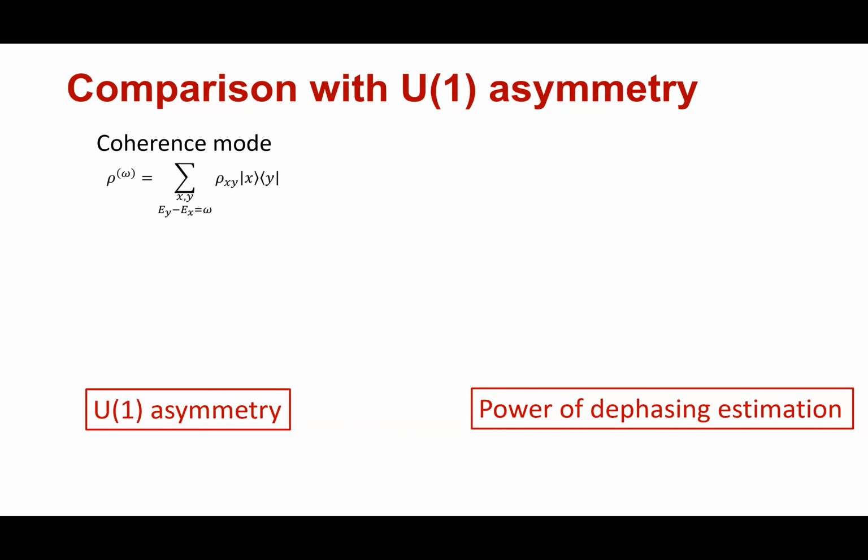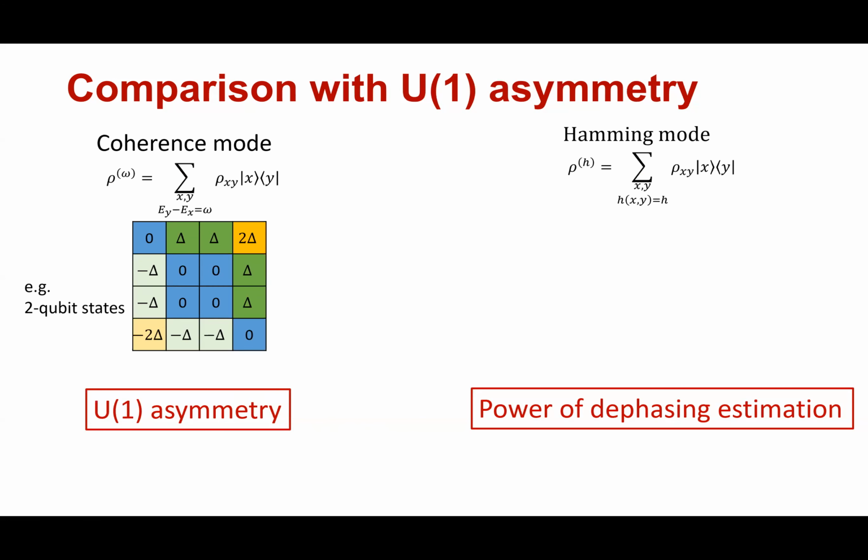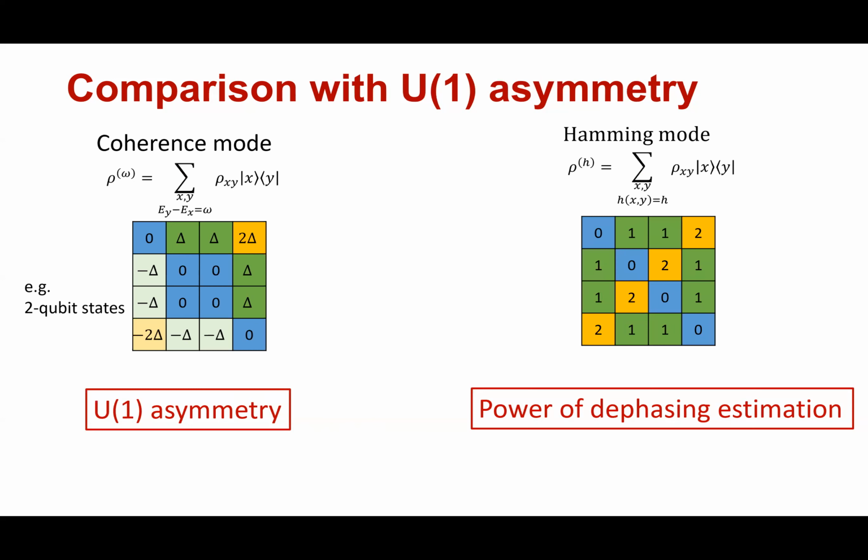So all these off-diagonal elements are in the same coherence mode. And in our resource theory, we care about the so-called Hamming mode. Let's take this 2-qubit state as an example. The coherence mode can be plotted like this, and the Hamming mode is like this.